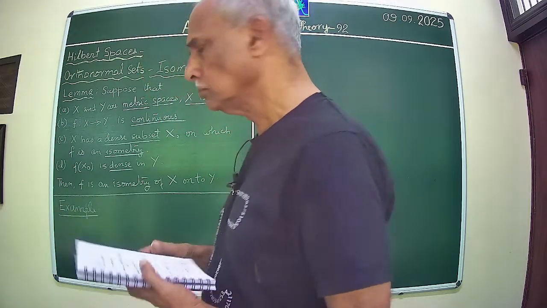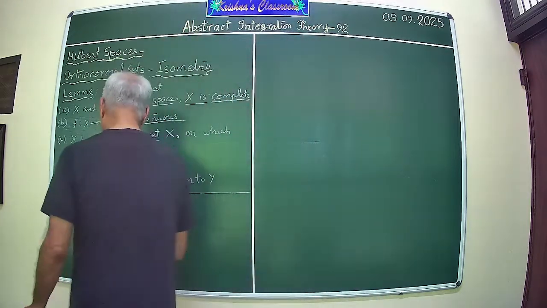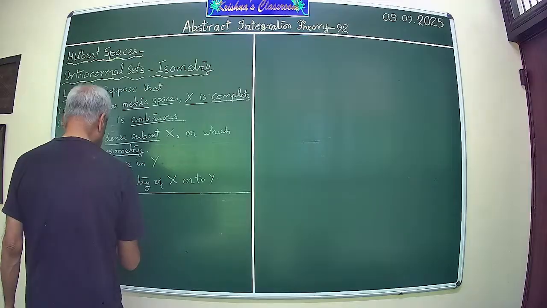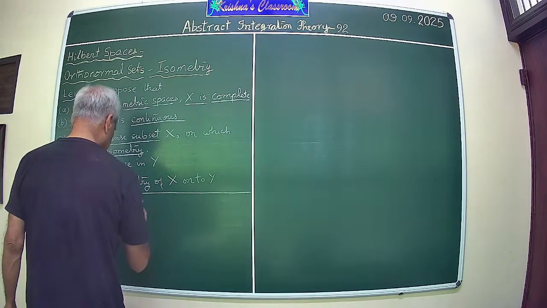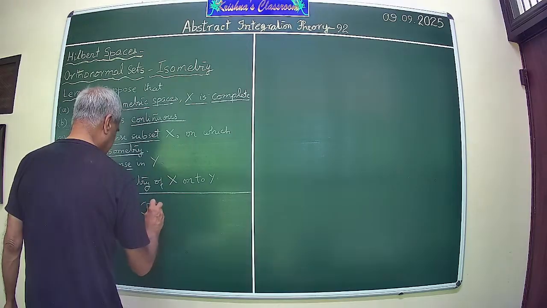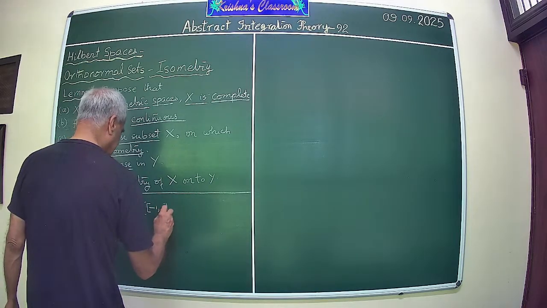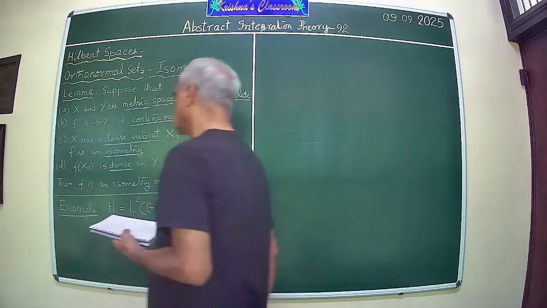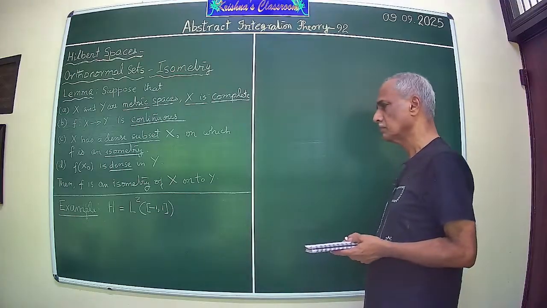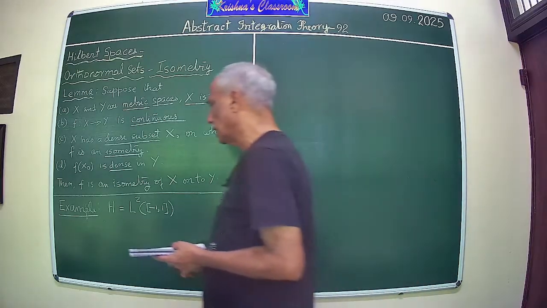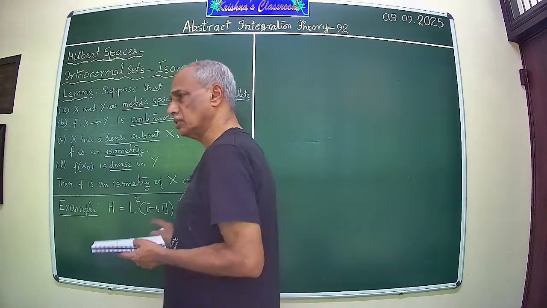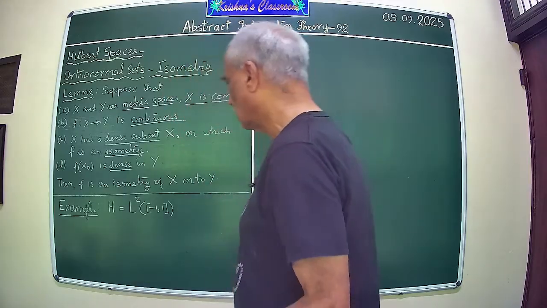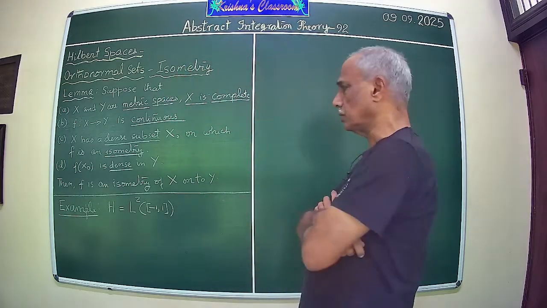Okay. So let us take a Hilbert space which is equal to L2 over the interval minus 1 to 1, a real Hilbert space. And this consists of all square integrable functions on the interval minus 1 to plus 1.